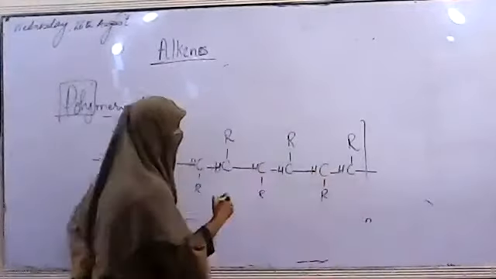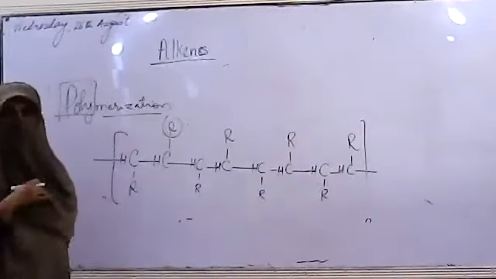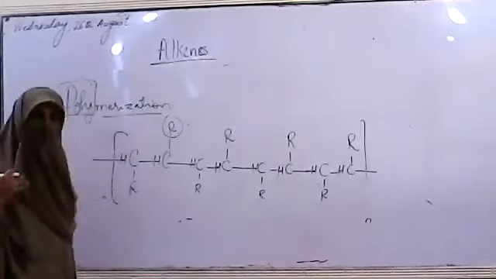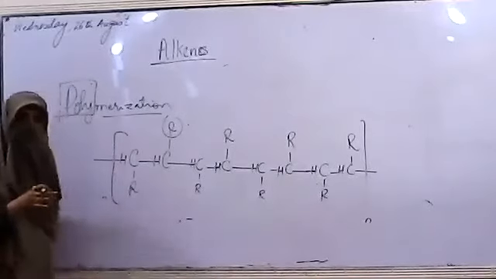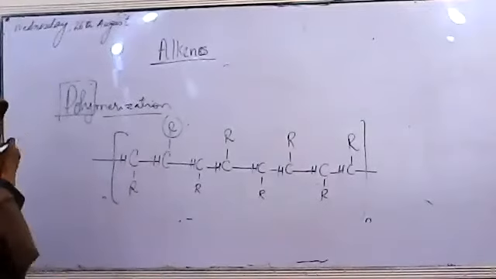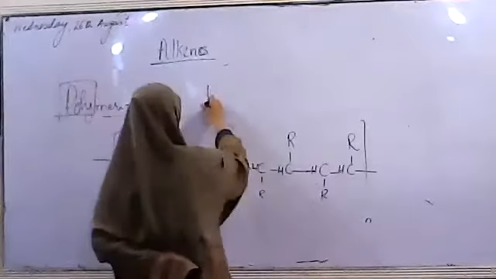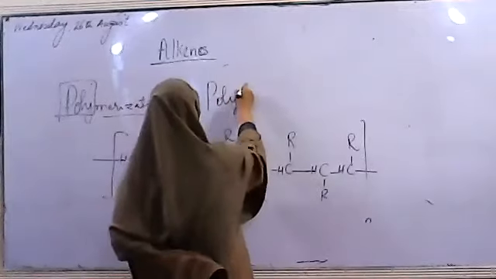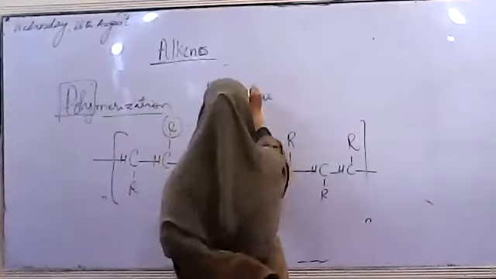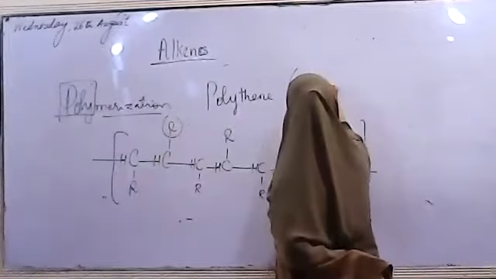And also here. So such units are going to combine and recombine, forming long chains, either simple or branched compounds, and these compounds are called polymers. The most common polymer that is produced in the industry is polythene. And what is polythene basically made from?